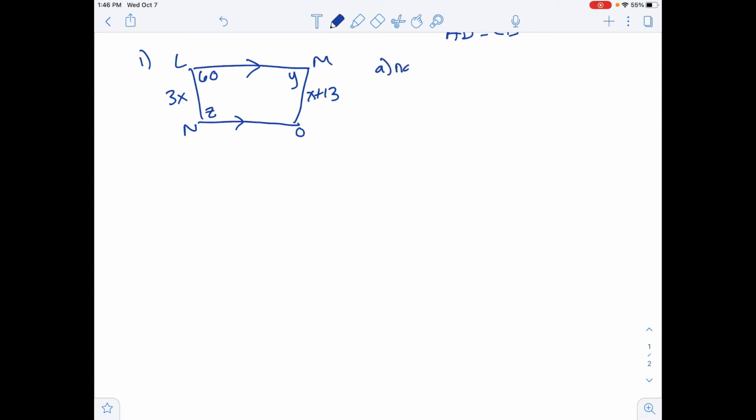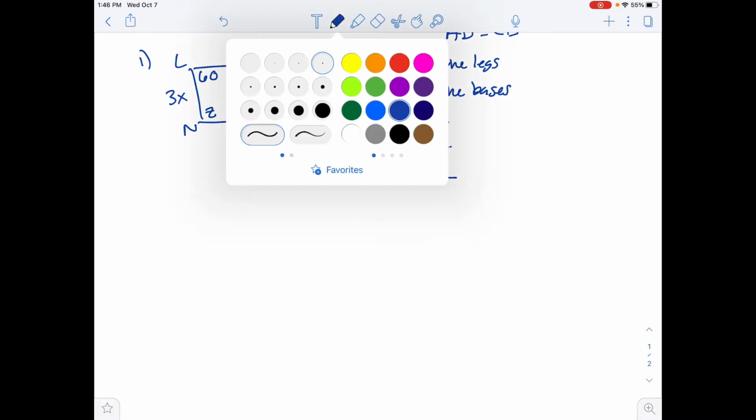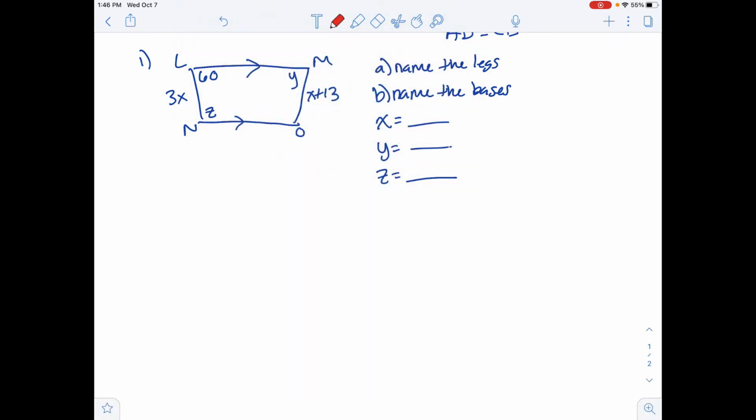We are going to name the legs, name the bases, and then we're going to solve for x, y, and z. So from that picture, I want you to go ahead and find the legs. Go ahead and do that now.